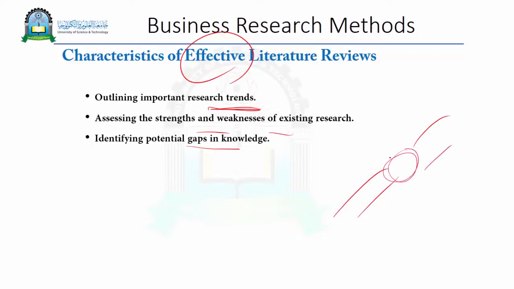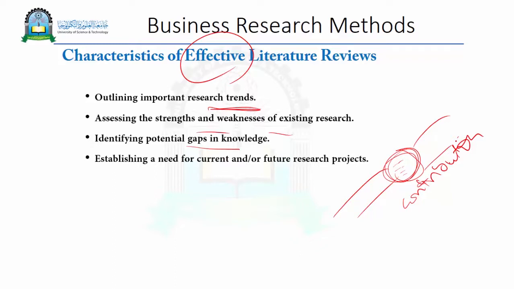This gap, for example, is an area nobody has done research in, so you are going to be doing this research, and it is related to what we call the contribution of the researcher. Establishing a need for current and future research projects is also part of the characteristics of the literature review.